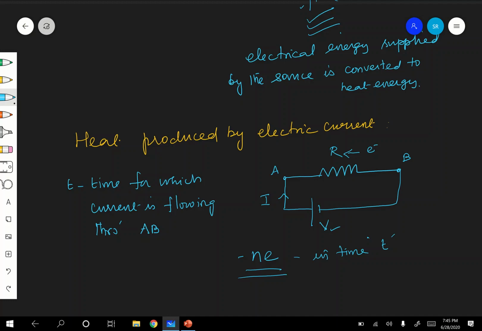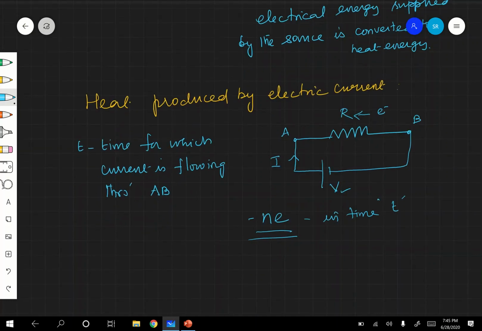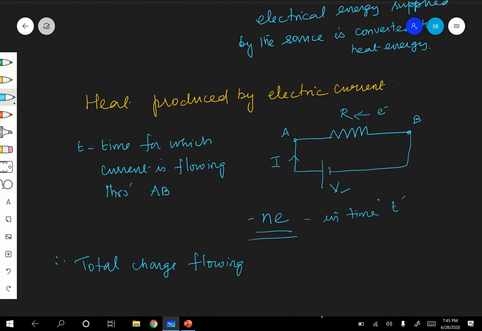Therefore, the total charge flowing from A to B in time t, let it be Q, is equal to plus Ne. Are you following?